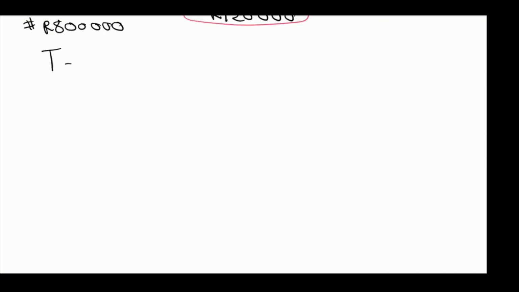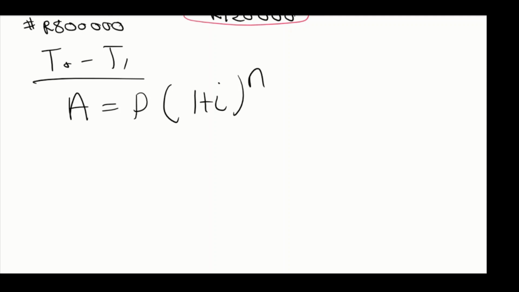So from t0 to t1, A is equal to P into (1 + i) to the power n.